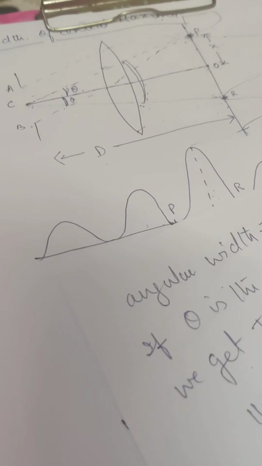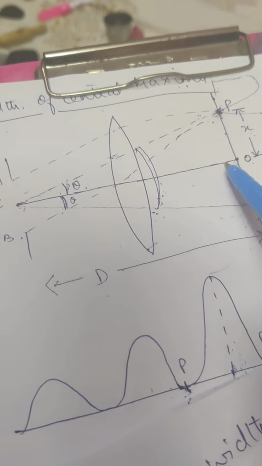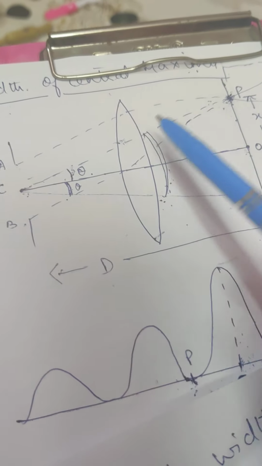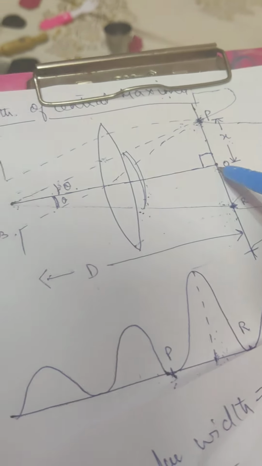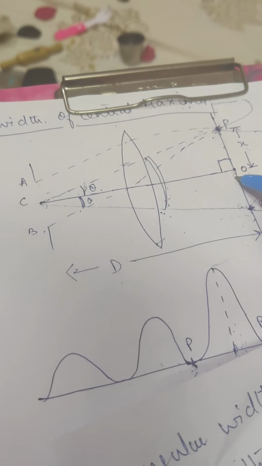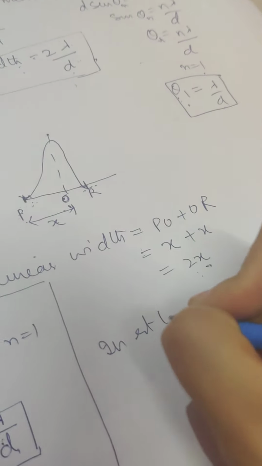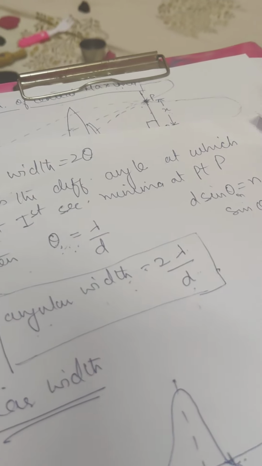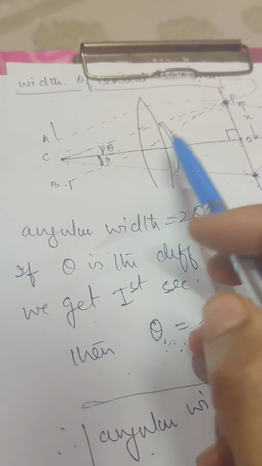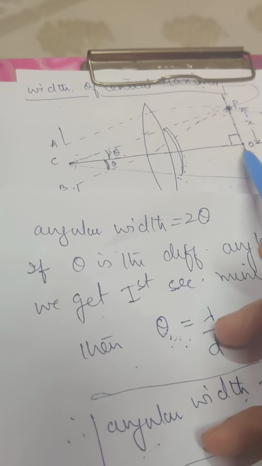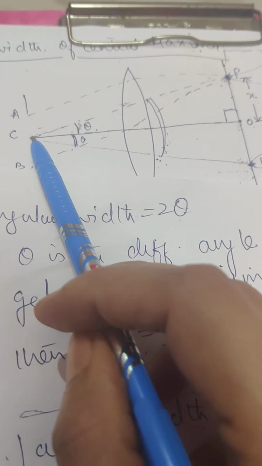Now beta, see this diagram. When you see this diagram, this angle CPO, I am going to consider this triangle, and this is my right angle triangle. This angle POC is always 90 degrees. Now in right angle triangle POC, beta, from this triangle we will find out tan theta.